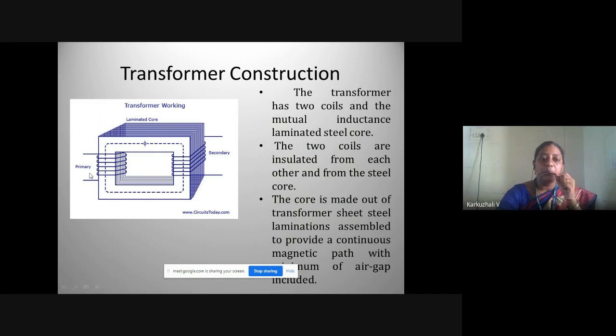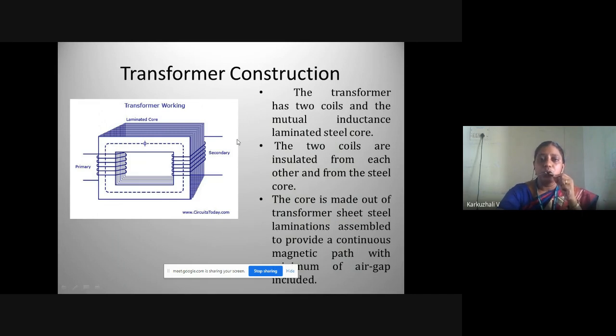So the EMF developed in the primary winding is linked with the secondary winding through the laminated core, which means the transformer converts AC voltage from one value to the other without changing frequency. So there is no change in frequency. That is what is being explained.